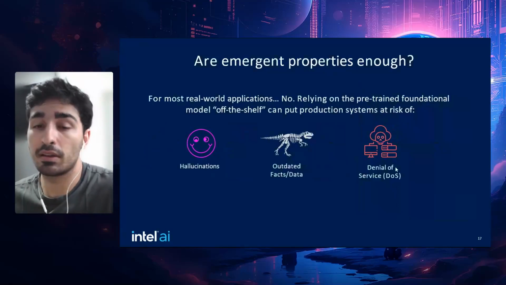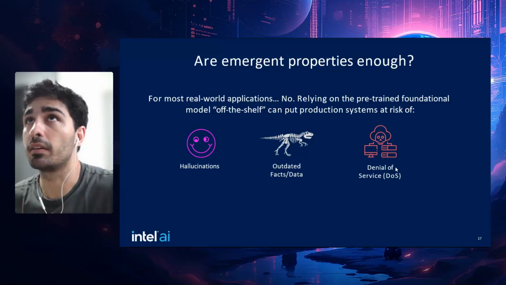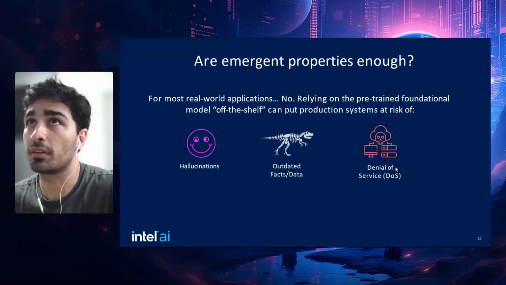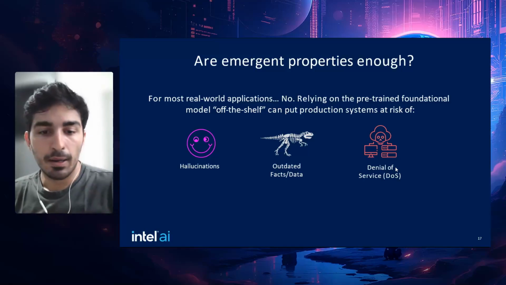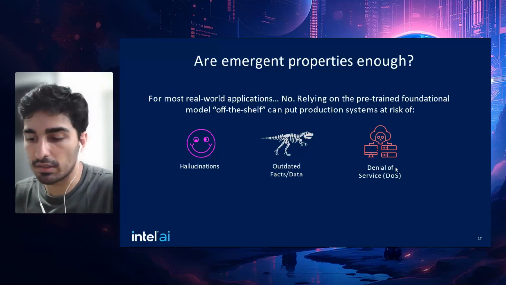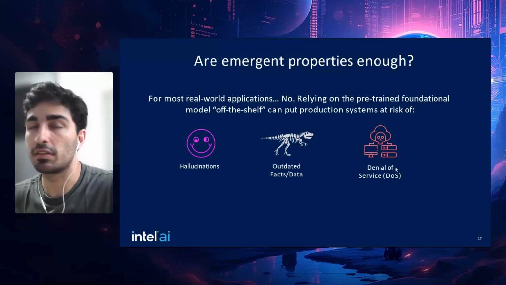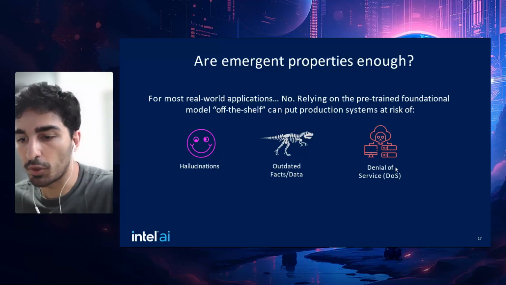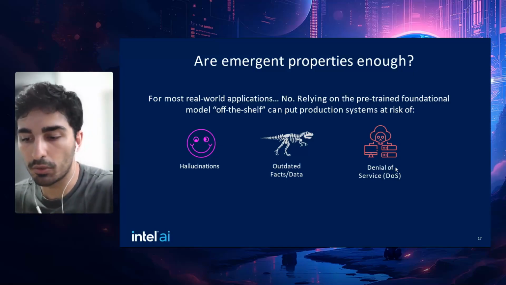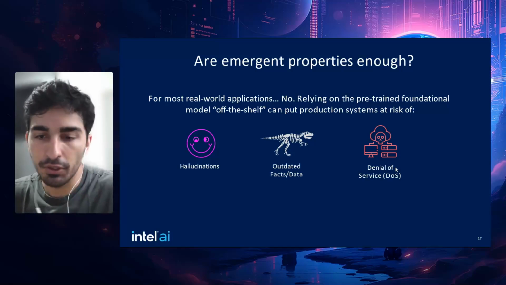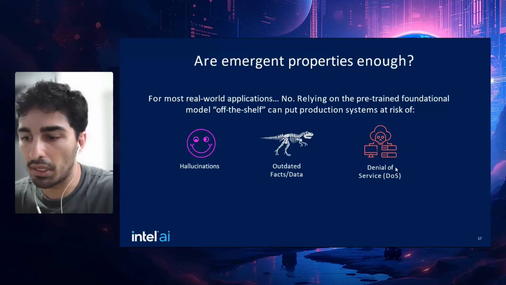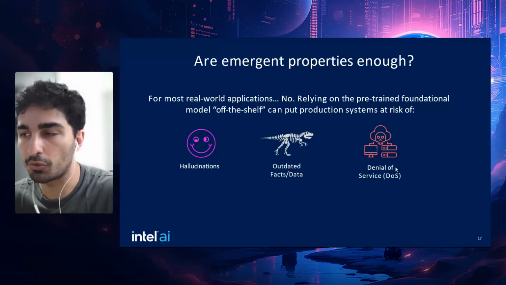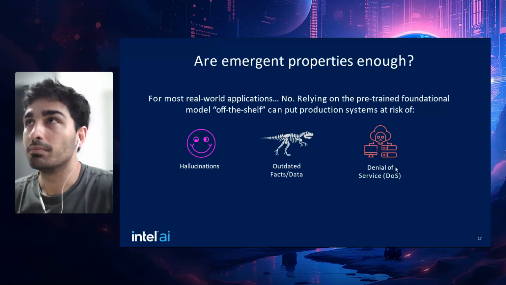But the question I raise is: are the emergent properties enough? In real world applications, can we rely on all of those foundational models as the sole ground truth to use in your business or in any type of application that you try to implement? And the answer is probably not.